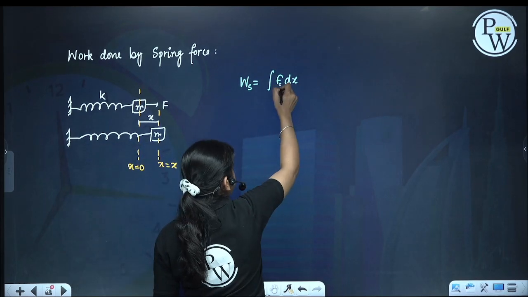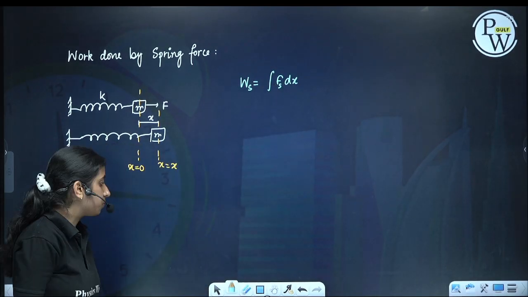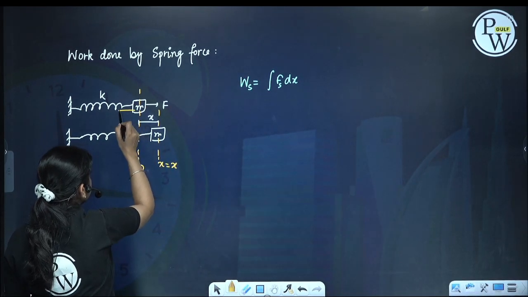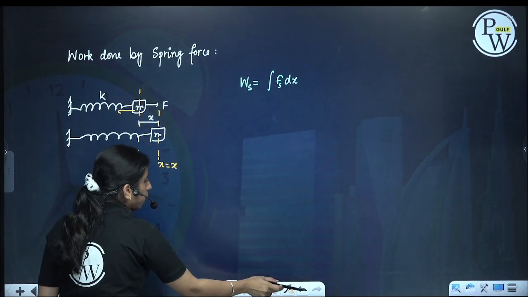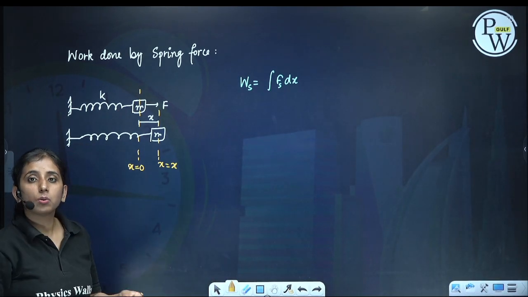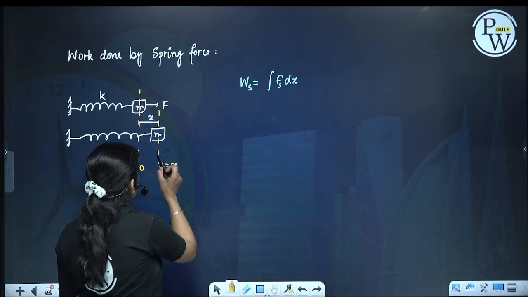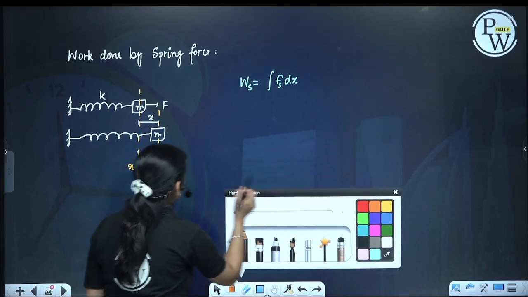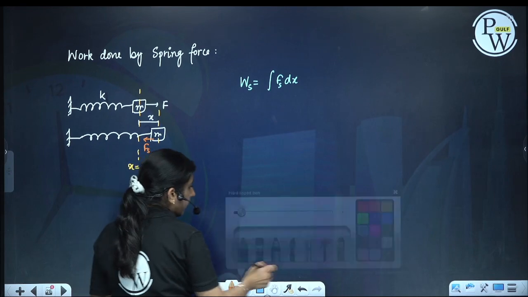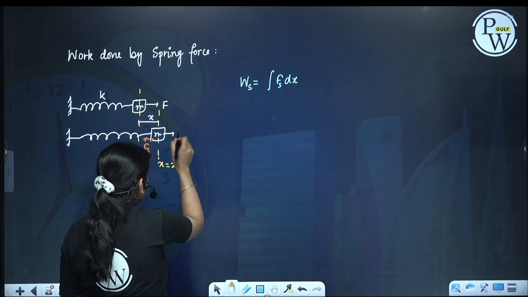Spring force will be acting inwards. When we apply some force F outwards, then spring force will be acting inwards. Okay, this is Fs and we applied a force F.